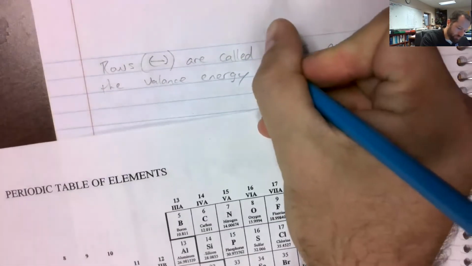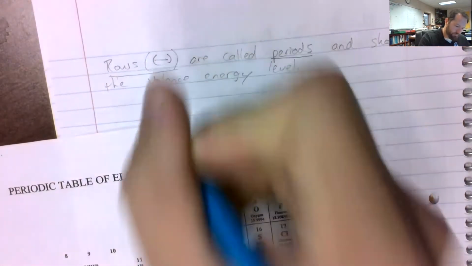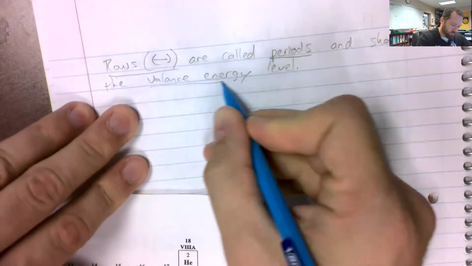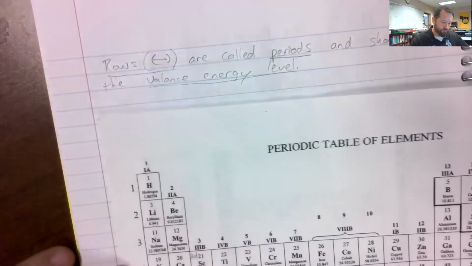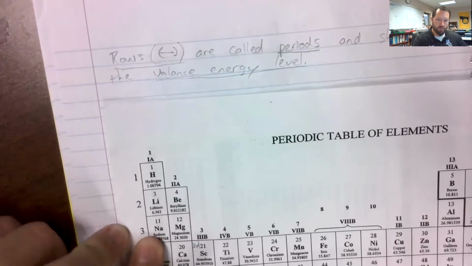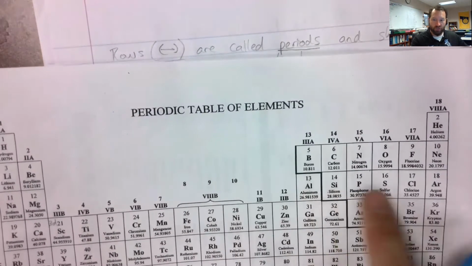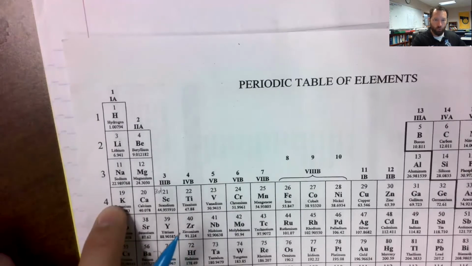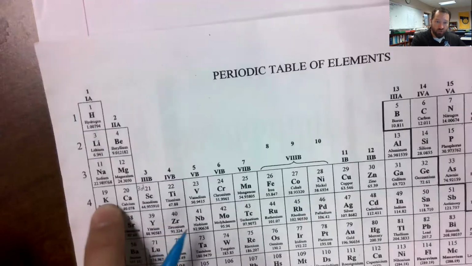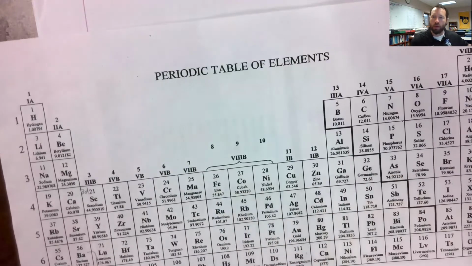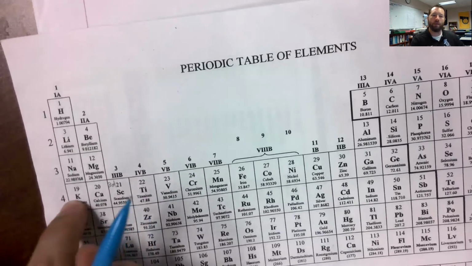These are called periods. So rows are called periods, and they show the valence energy level. Third row, third period, that means the third valence energy level. Fourth row, that's the fourth period, and that shows the fourth valence level. Your outermost energy level for atoms on this row, on this period, is 4.